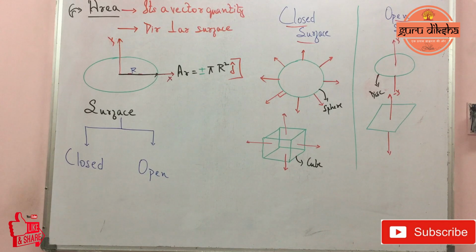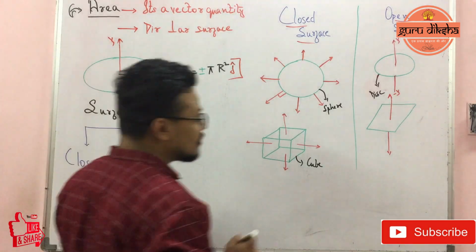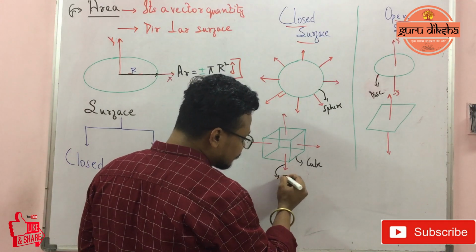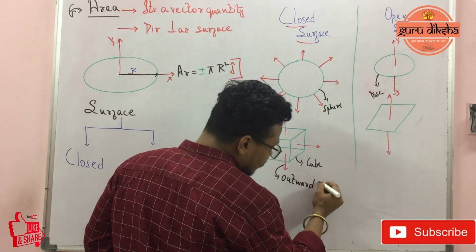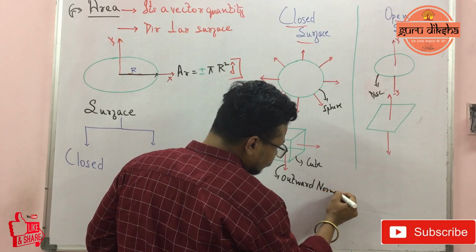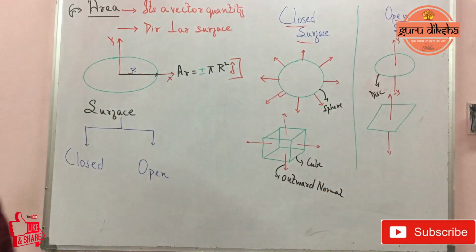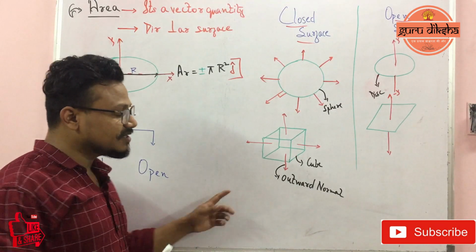A closed surface always considers the outward normal. It will always be the outward normal as the area vector direction.